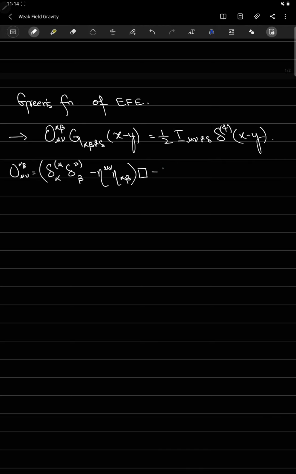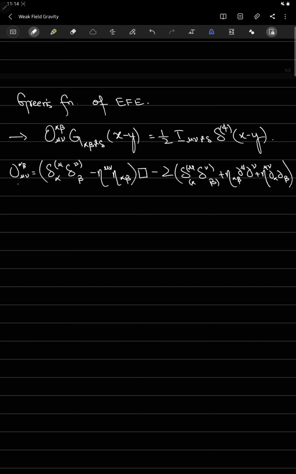So, anyways, you will have this thing minus 2 delta alpha mu delta beta nu, which is symmetric in mu and nu, and also symmetric in alpha and beta, plus eta alpha beta partial mu partial nu plus eta mu nu partial alpha partial beta.